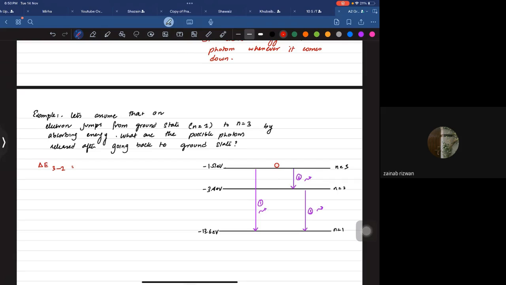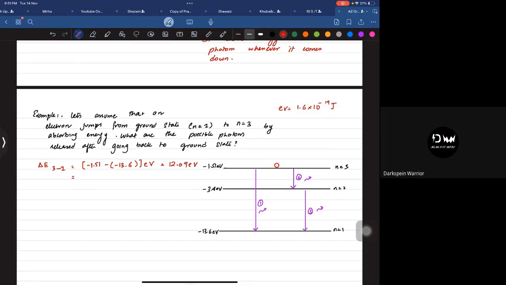So you're going to find the change in energy. Always do bigger minus smaller, because the bigger number is minus 1.51 and then minus 13.6, and this is all in eV. So you're going to end up with 12.09 eV. Then to convert it, 1 eV is equivalent to, if you do not remember, 1.6 times 10 raised to minus 19 joules.